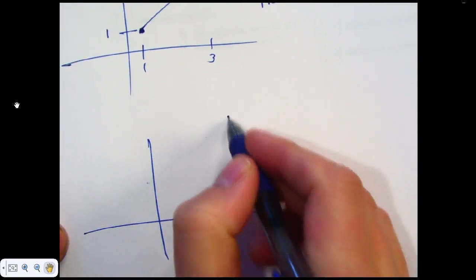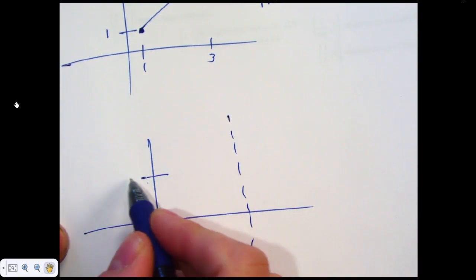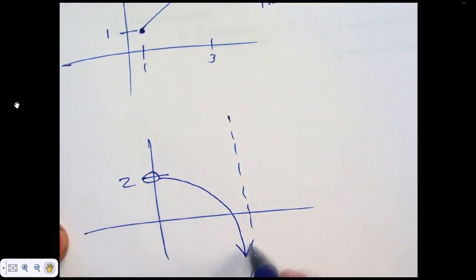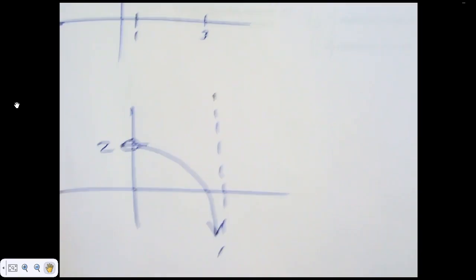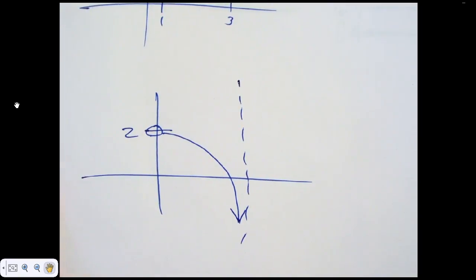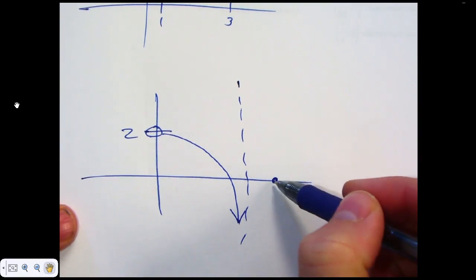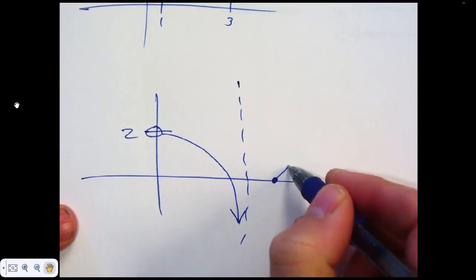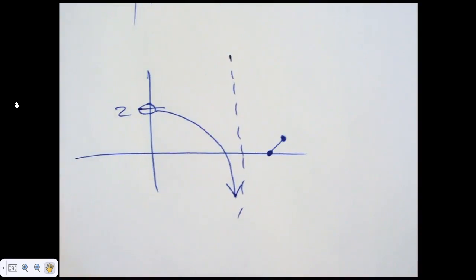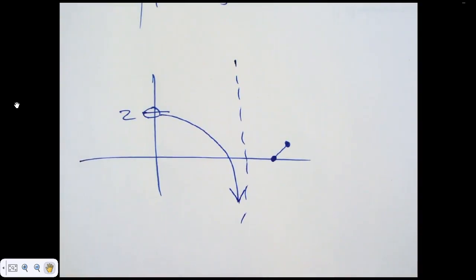So here, let me give you another. That's my graph. What is the absolute max? What's the highest y value on that graph? There's not one.